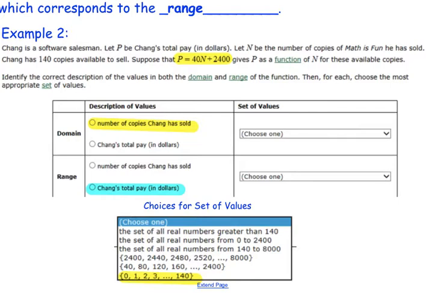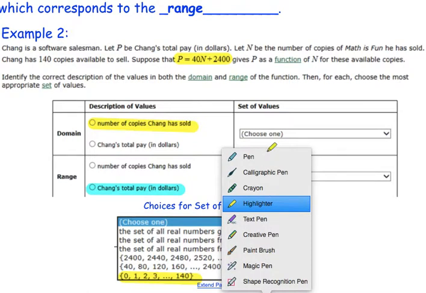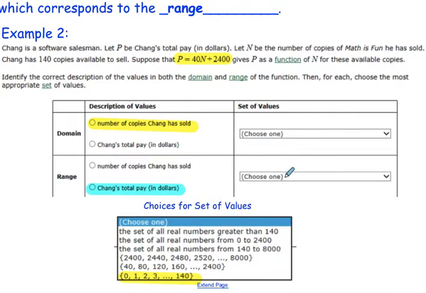Now if I think about total pay, there's going to be a minimum and a maximum for Chang's total pay. The minimum amount that he would make would be if he sold 0 copies of the magazine. Since I have this equation here, I could figure out the minimum amount that he could make.